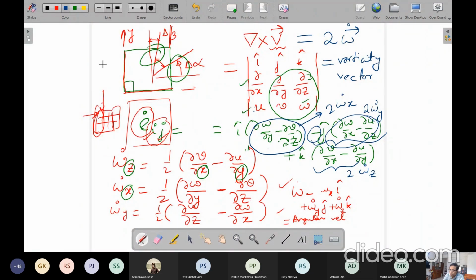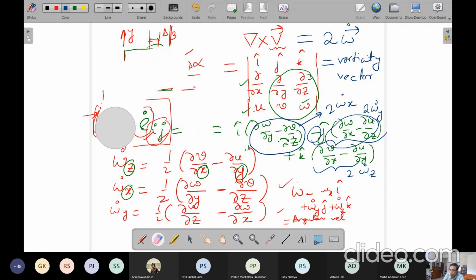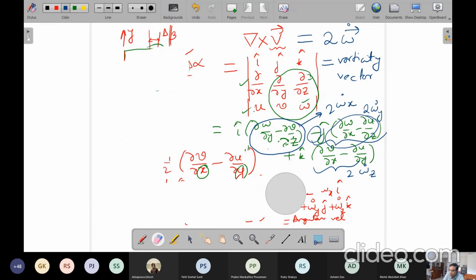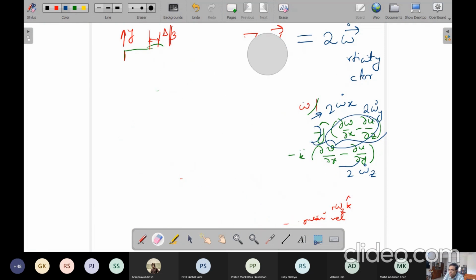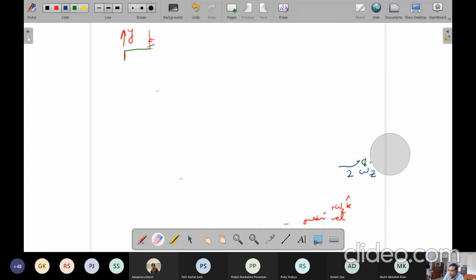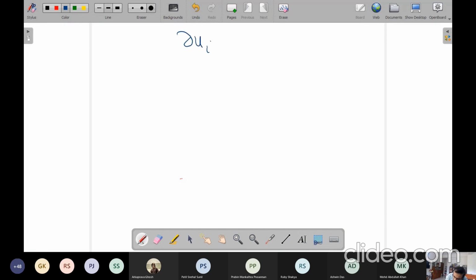So now, if we can see a commonality in all these expressions, we have seen so many expressions for angular motion, linear motion, rate of angular deformation, rate of linear deformation. What is the commonality in all this?